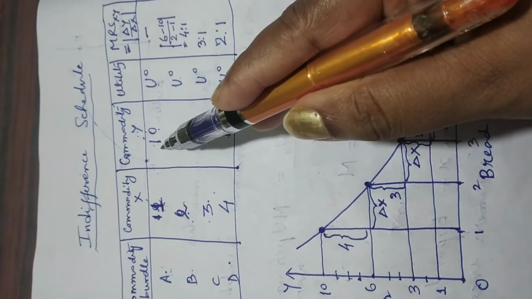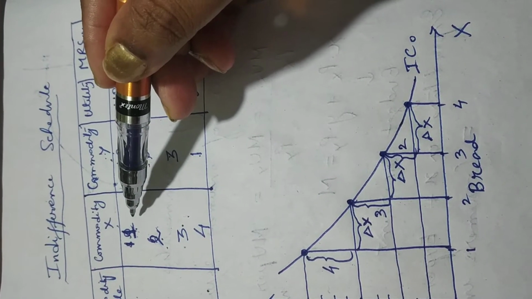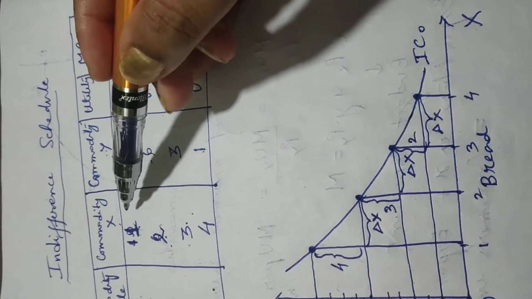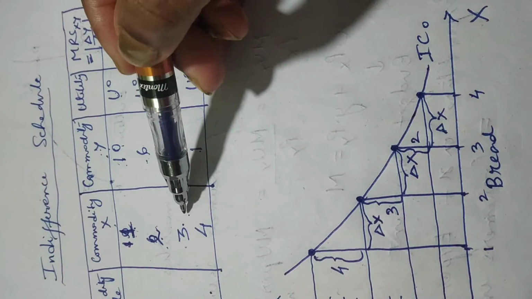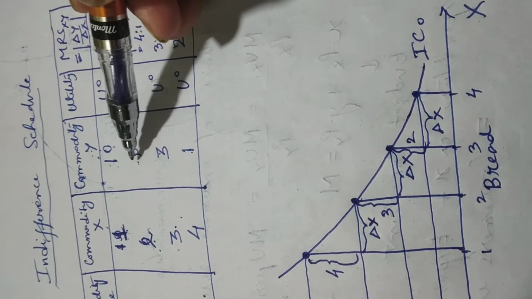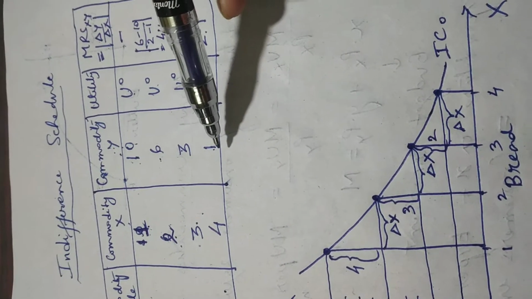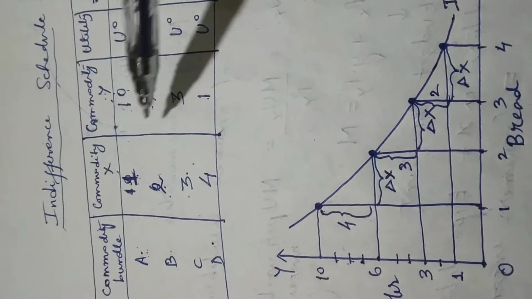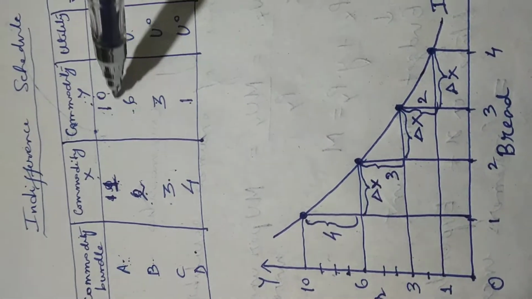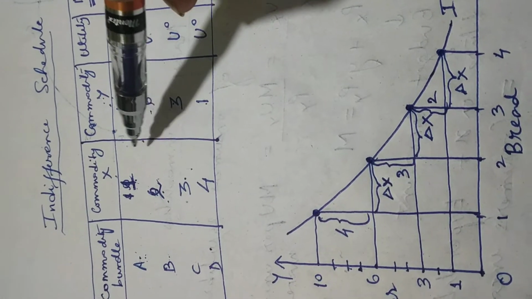And we have seen that as the consumer consumes one additional unit more of commodity X, he keeps on decreasing the consumption of Y. He has to reduce the consumption of Y because every commodity bundle provides him equal satisfaction.